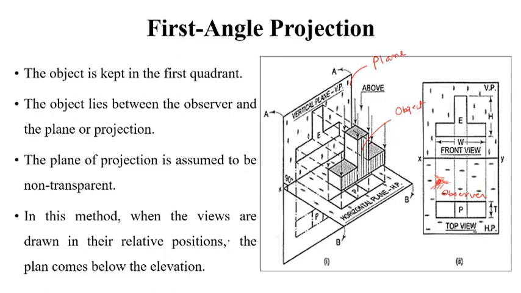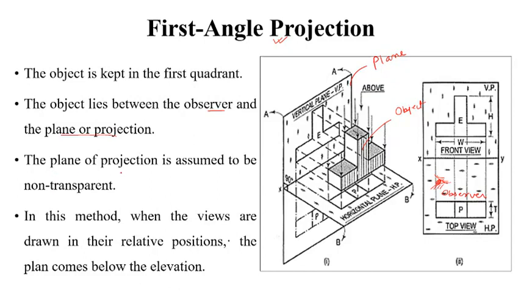In the first angle projection the object lies between the observer and the plane of projection. This is for your first angle projection.